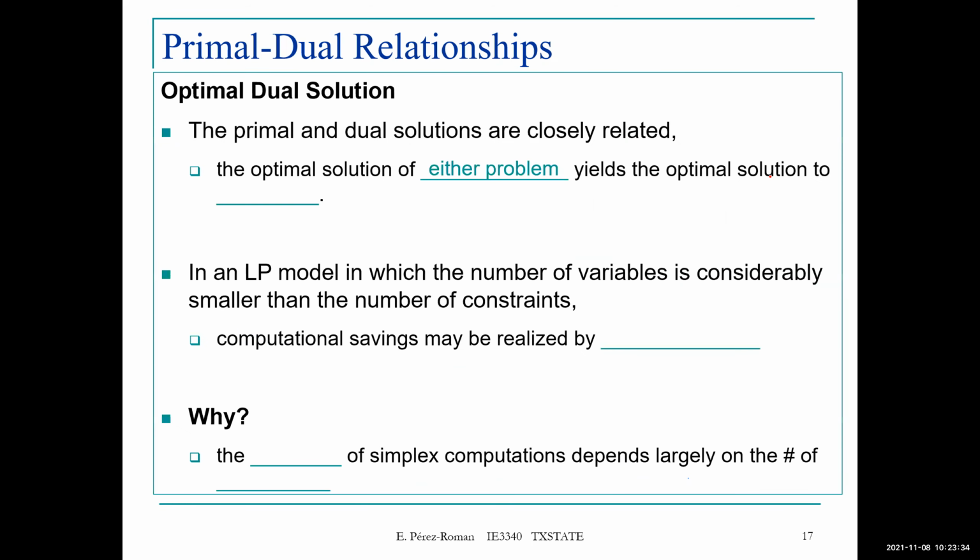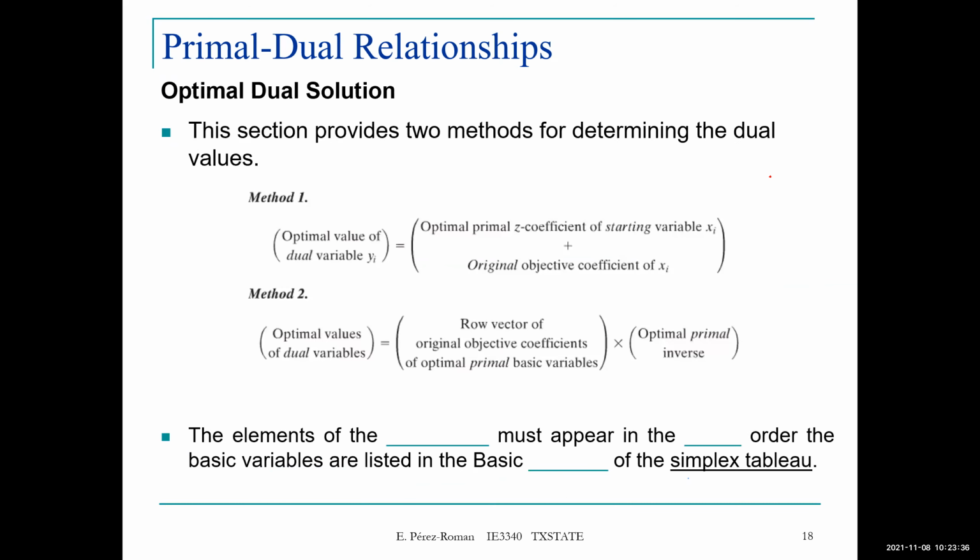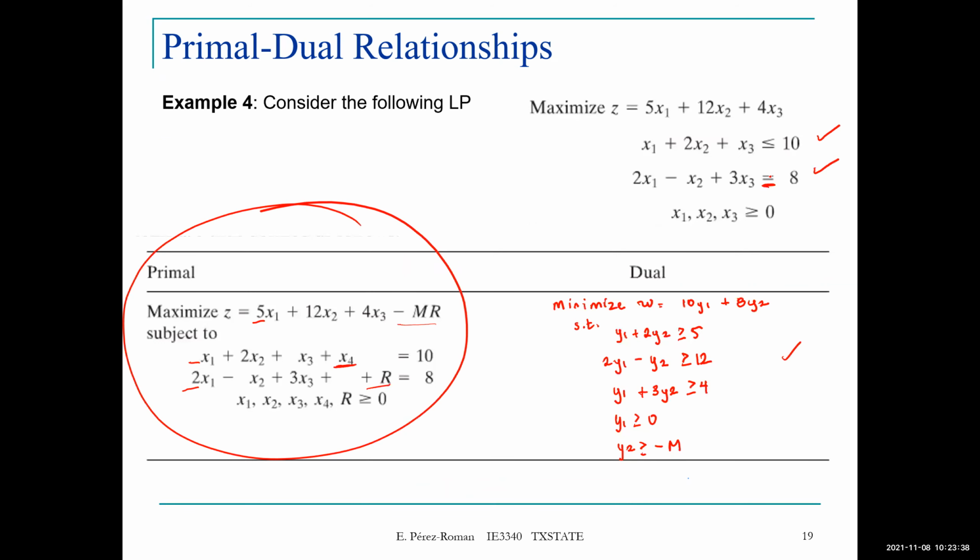So in the first tableau for this problem, the basic variables will be the slack and the artificial variable. And I need to know that because I'm going to use those two variables to help me find the dual values of the dual problem.